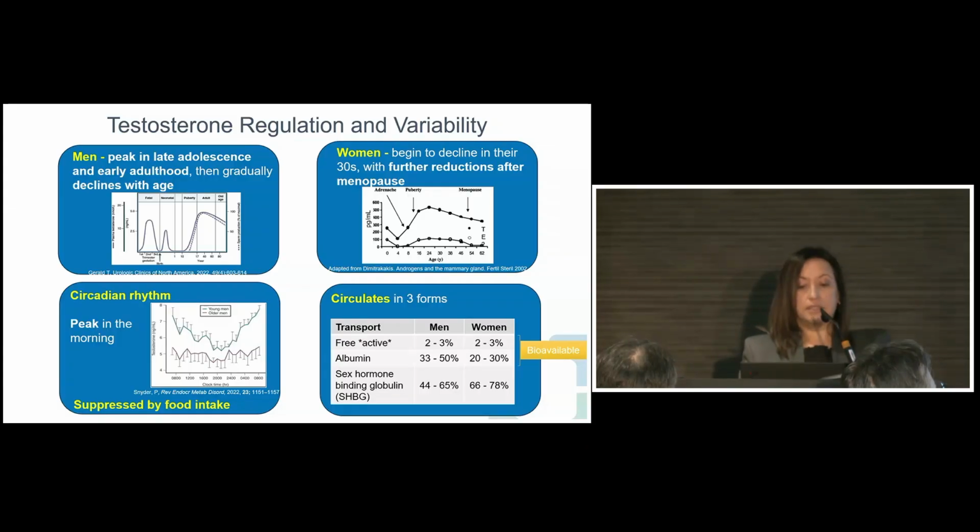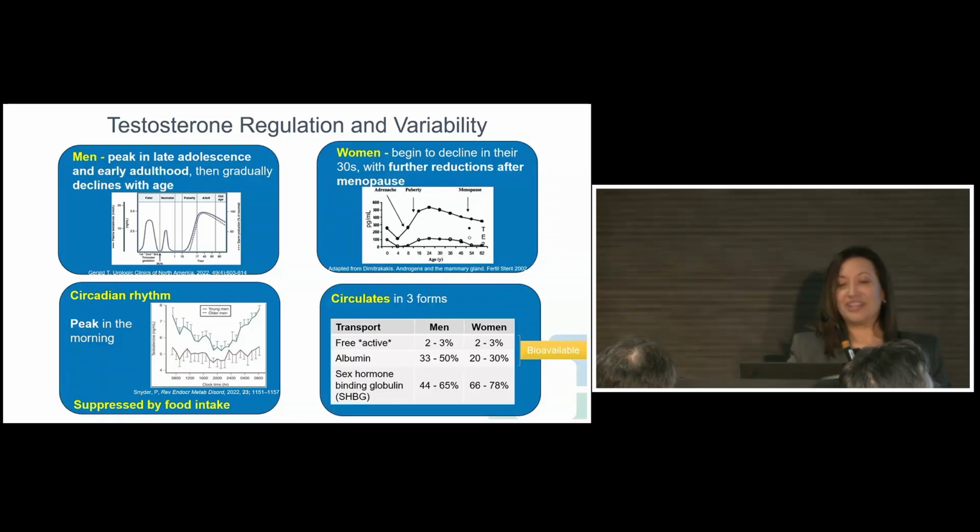So that's important. In addition to that, there's circadian rhythm, so testosterone will peak in the morning, but that rhythm is lost in older men, where you don't see the drastic peak in the morning. Food intake or glucose intake suppresses testosterone concentrations.